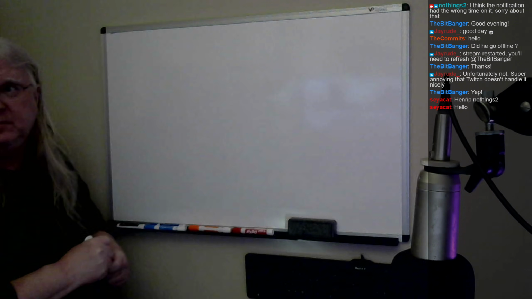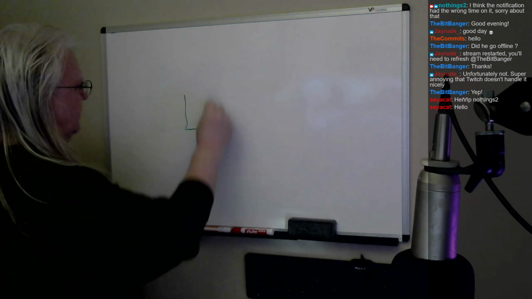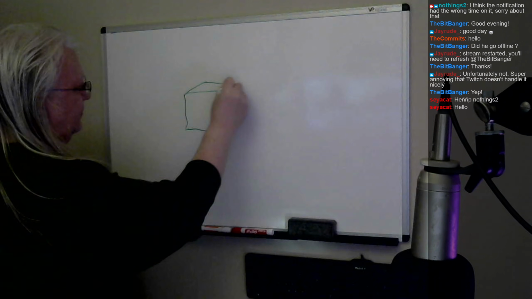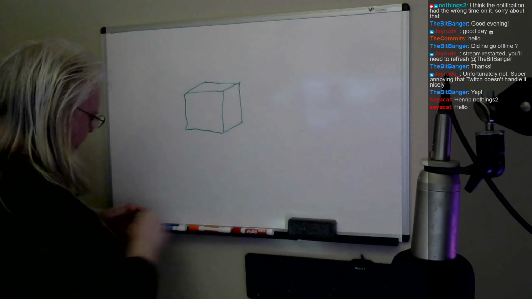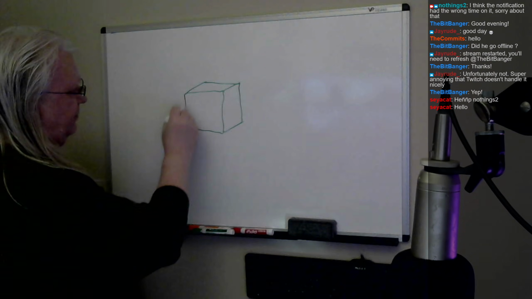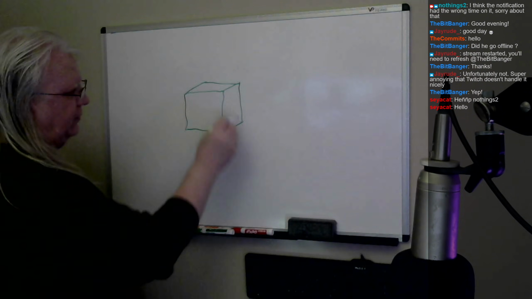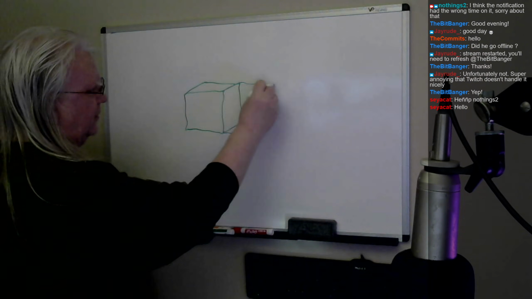Basic premise is that we have a candidate voxel, and we know that this voxel is solid. Then we look at the neighbors.